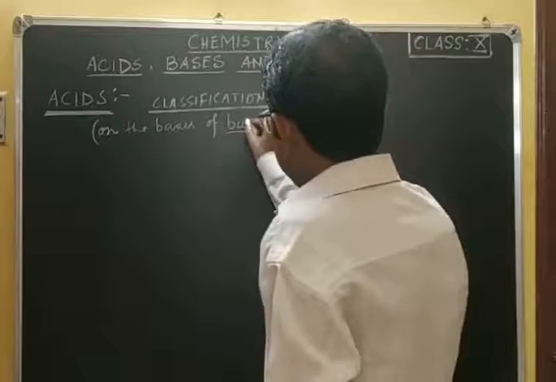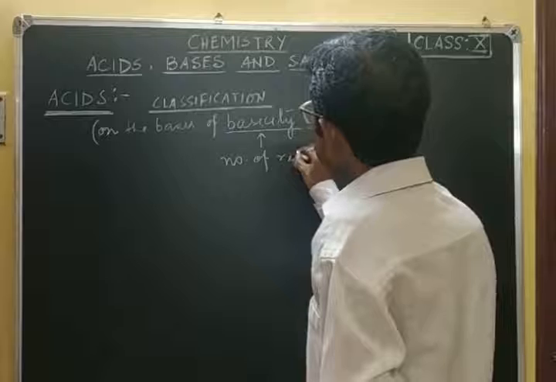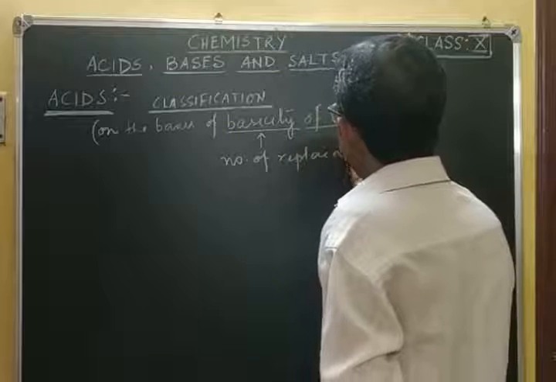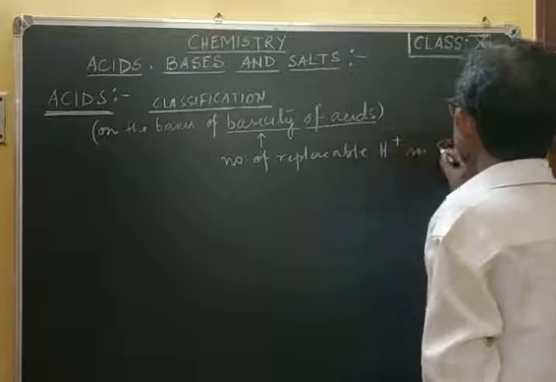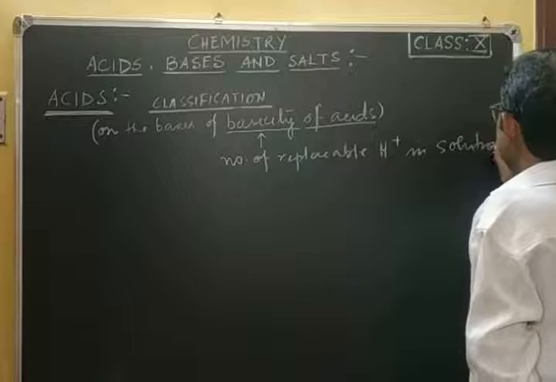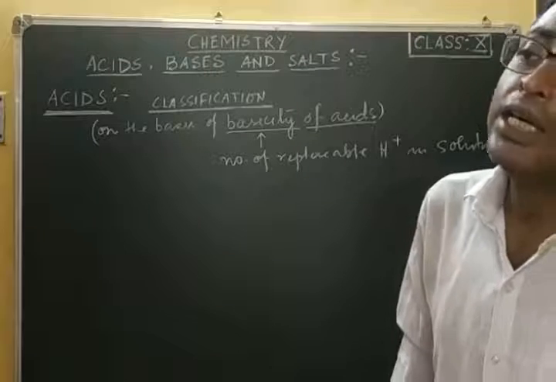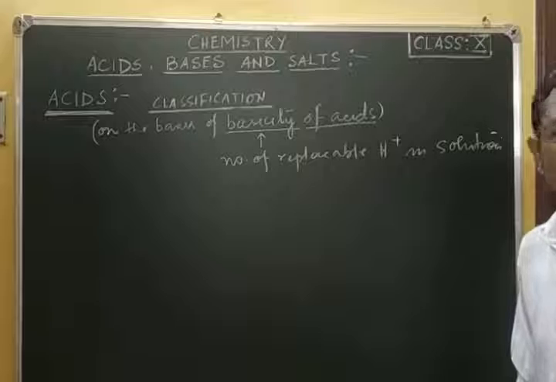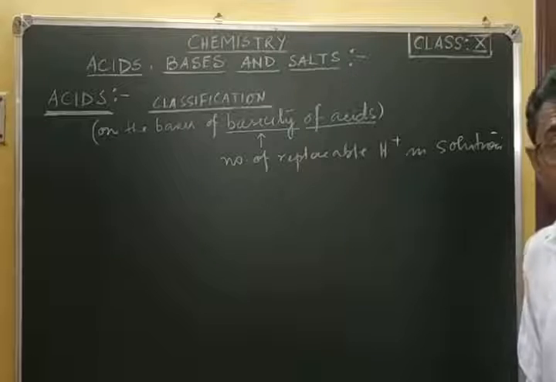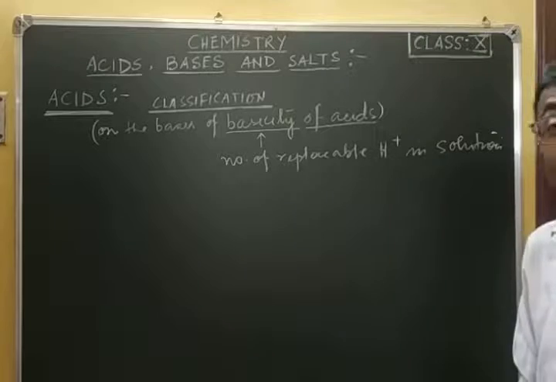So basicity means the number of replaceable hydrogen ions in solution. Remember, that means how many hydrogen ions the acid can produce. Depending upon this, the acid can be classified into basically 3-4 categories: monobasic acid, dibasic, tribasic, and after that we will term it as polybasic acid.